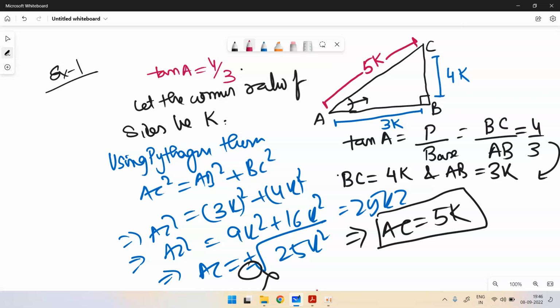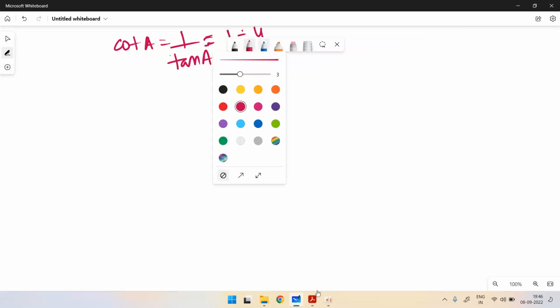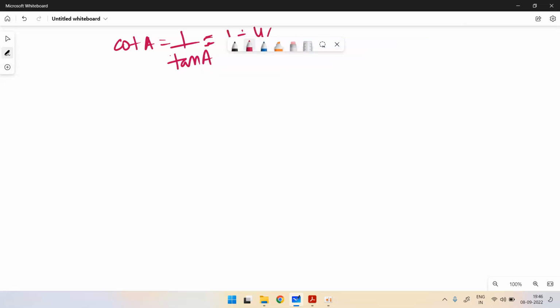So from here, tan is given to me, so you can easily calculate cot. Cot A is nothing but 1 by tan A, which is 1 divided by 4 by 3, nothing but 3 by 4.